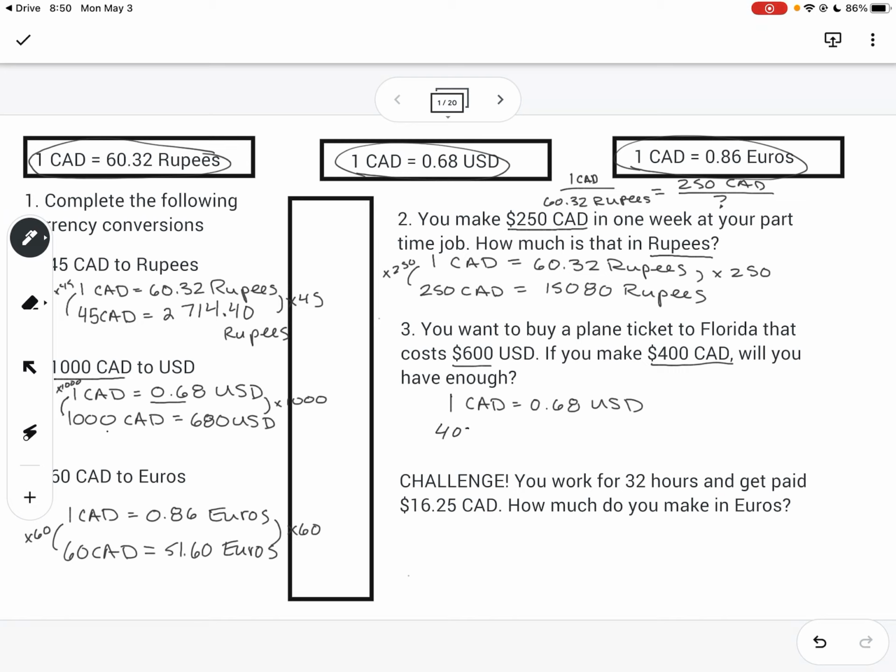So if I have 400 Canadian dollars, that means I've multiplied over here by 400. So I'm going to have to do the same thing. So I've got $400 times 0.86. So I actually only have 344 US dollars. So that means I don't have enough for the plane ticket.